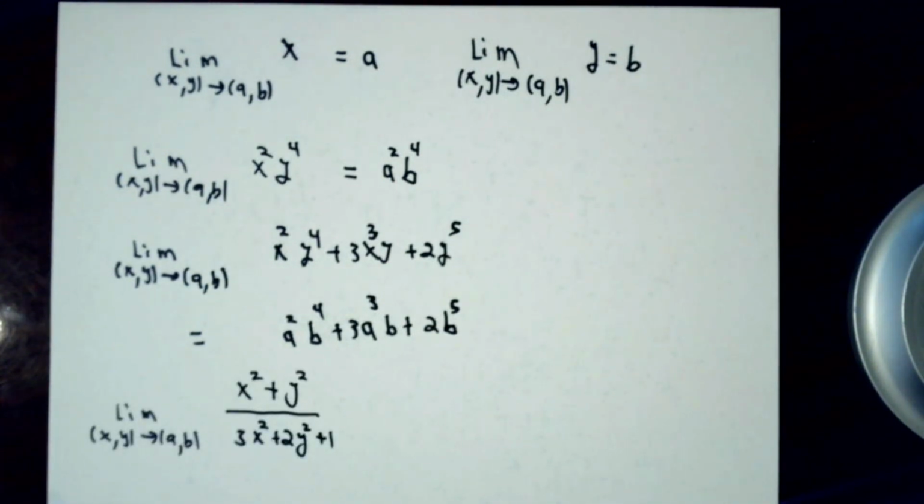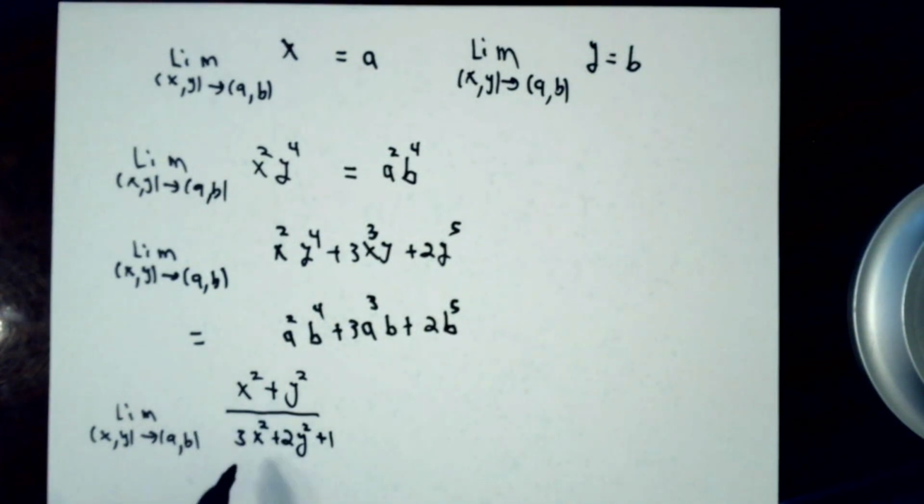A ratio of two polynomials will be called a rational function, as you'd expect. The limit as xy approaches ab of x squared plus y squared over 3x squared plus 2y squared plus 1 will be the limit of the top divided by the limit of the bottom, provided that both exist and the one on the bottom isn't 0.